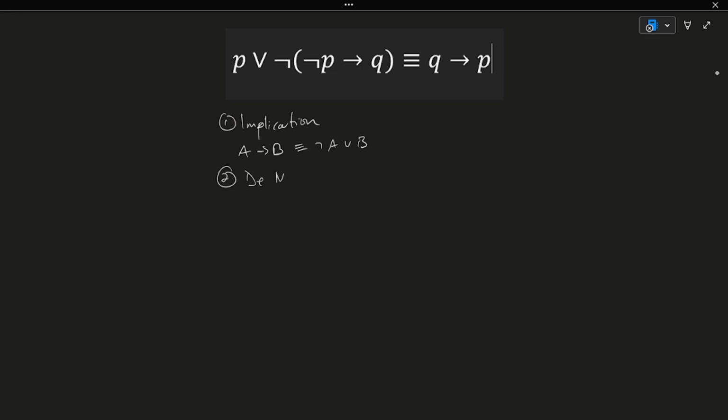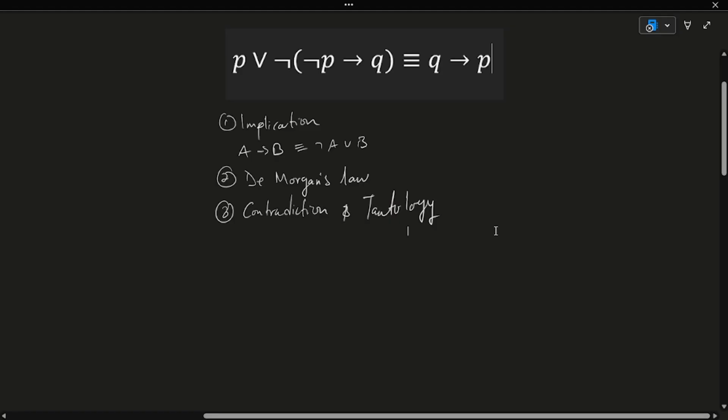So I need you to know a basic understanding of De Morgan's. And then I also need you to understand the concepts of contradiction and tautology. So I need you to at least know what a contradiction is and what a tautology is, in case of a logical expression. So these are the things that I expect you to know: implication, De Morgan's laws, contradiction, and tautology. That means knowing some of the identities of tautology, some of the identities of contradiction. And let's not waste too much time and let's start with the proof.